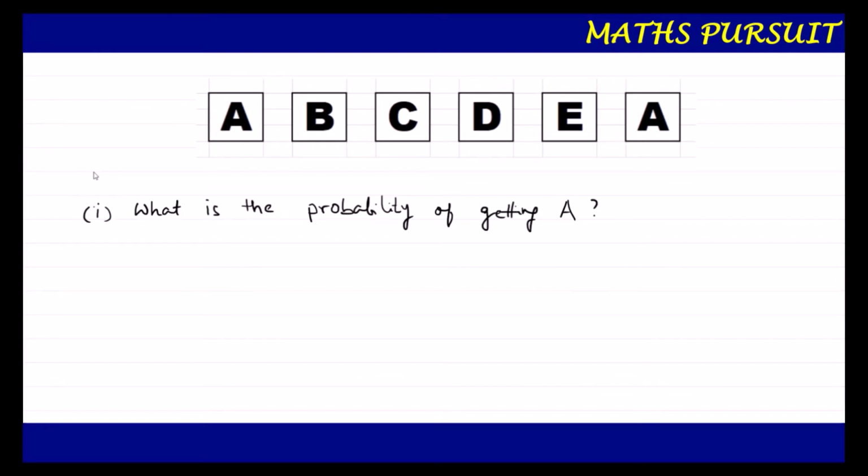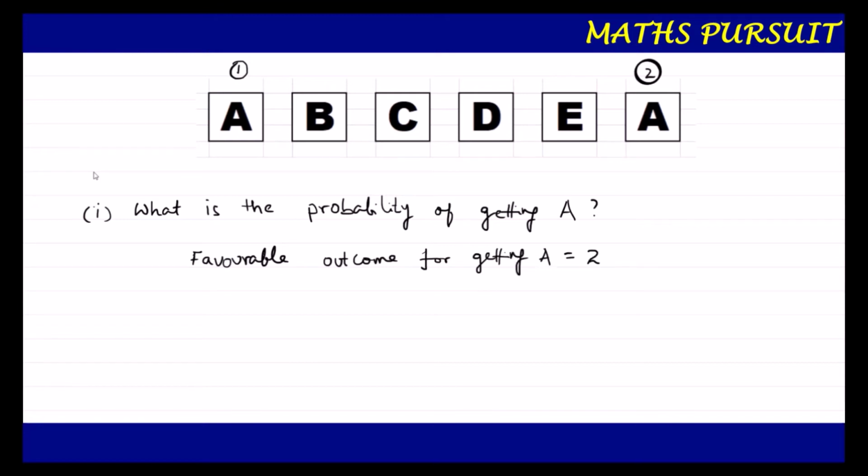Now guys, if you look here, the number of favorable outcomes for A is 2, because here we have two A's. Here we have 1 A and here we have 2 A. So the number of favorable outcomes for getting A is equal to 2.